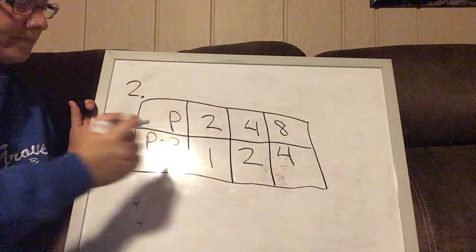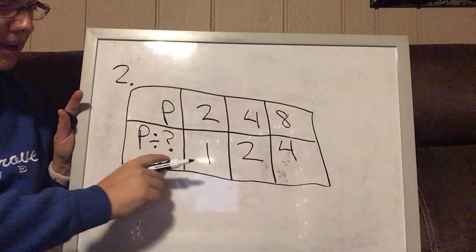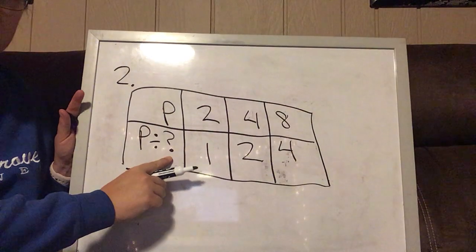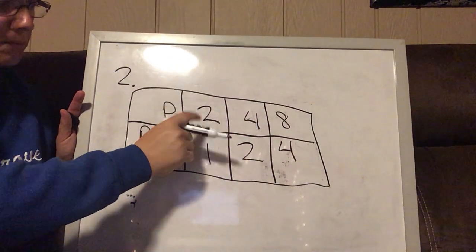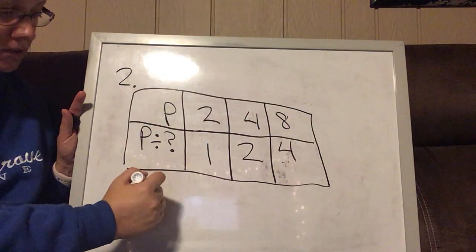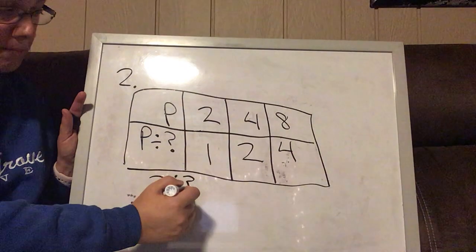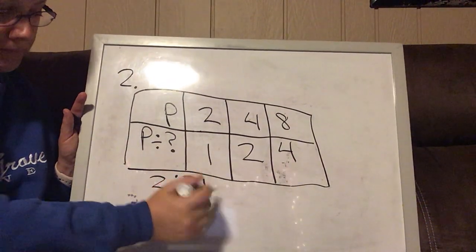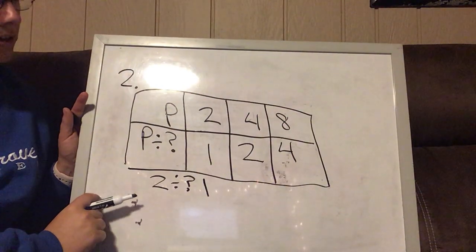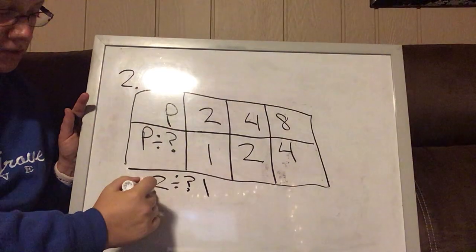There we go. Alright, so I need to find a pattern here to help me find what is this missing number here. Okay, so on my first expression here, P is 2. So 2 divided by what number is going to give me 1? In your next expression, P is going to be 4.